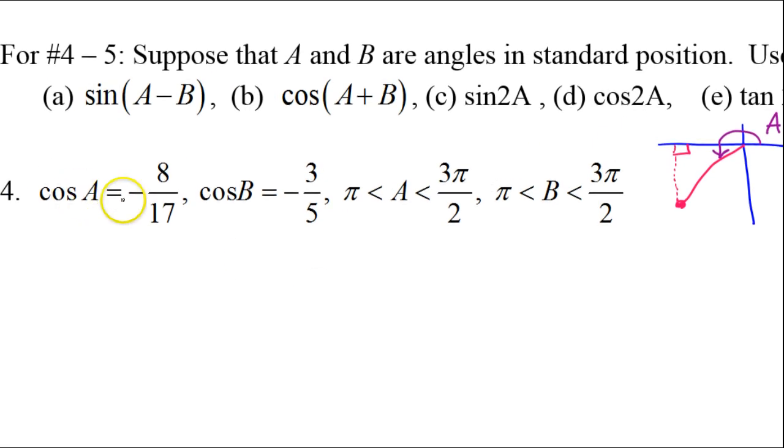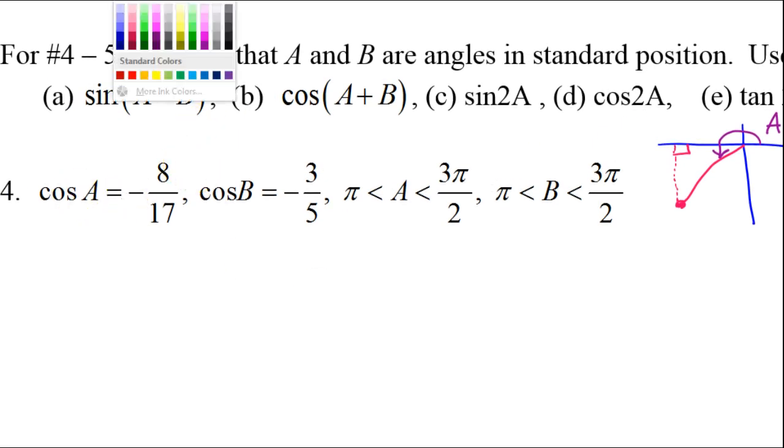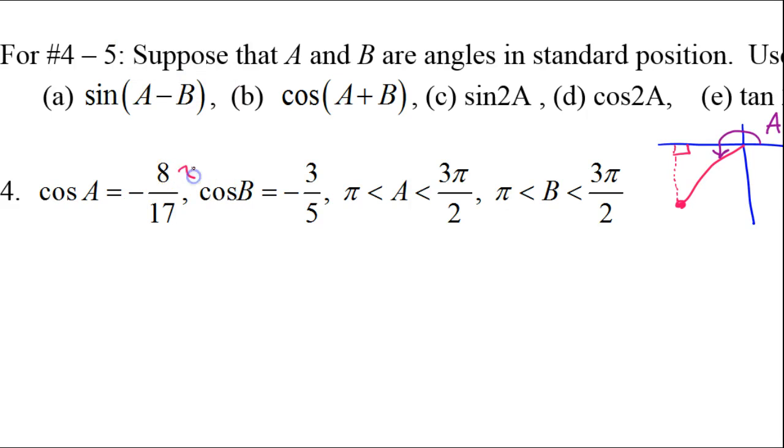Now, what do I know? Cosine is x over r. Since the radius has to be positive, this negative sign must belong to the 8. So I'm going to bump it up like that. That means that negative 8 goes here, because that's the x value.